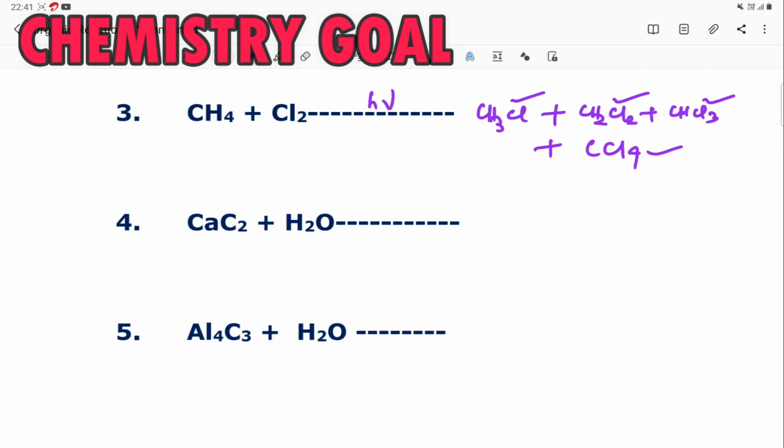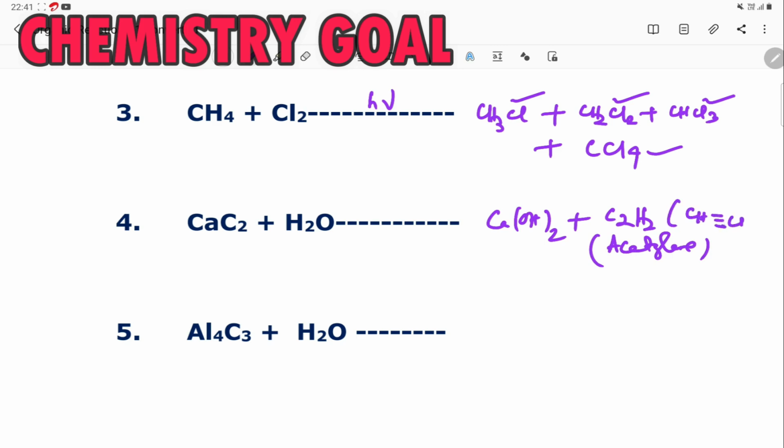Okay, calcium carbide plus water when it reacts, it produces calcium hydroxide and C2H2 is formed. C2H2 is acetylene. That structure is CH triple bond CH.